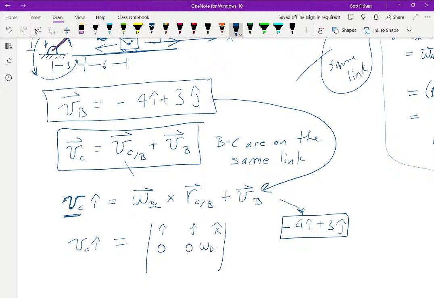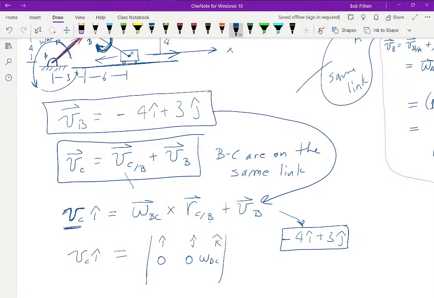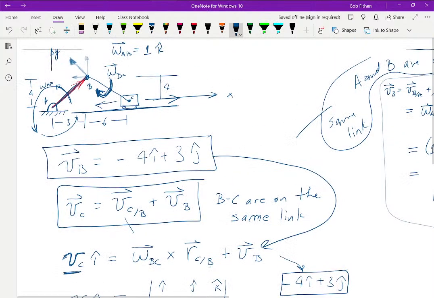I don't know what omega BC is, but it's coming out of the plane, RC to B. Okay, now this is a vector that originates at B, ends up at C, so it goes this direction.